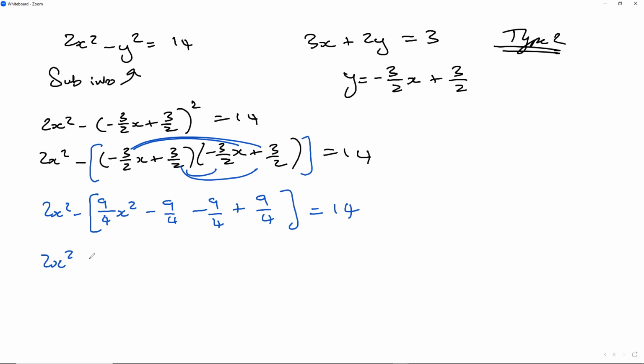And I've got 2x squared minus 9 over 4 x squared, and I've got an x term over here and one over here, so that's going to become minus 18. I'll just keep this in a bracket, 18 over 4 x plus 9 over 4.